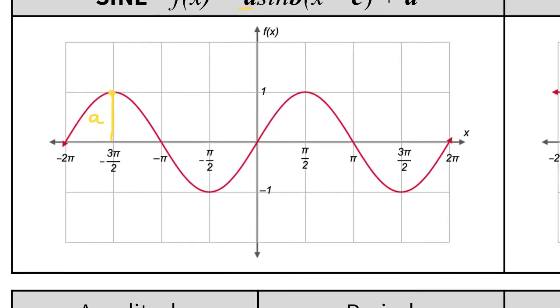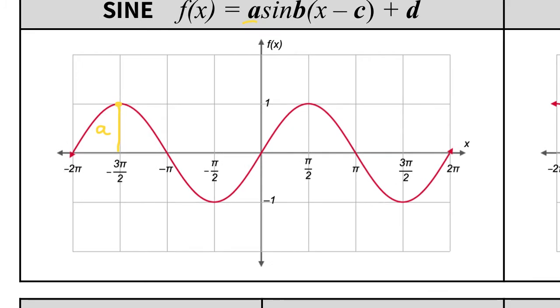Okay, the basic shape of this pattern is that it has one bump above the x-axis and then one below, and it takes 2 pi to complete that cycle. So we say that the period of this function is 2 pi.